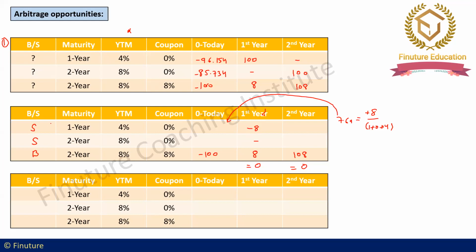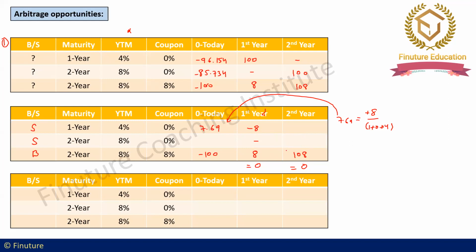By selling this 1 year zero coupon bond, you have sold a quantity in such a way that you receive $7.69 today, which eventually becomes $8, which will offset this $8 at first year. Now, the only thing that remains is this one. How do we tackle the $108 over here?